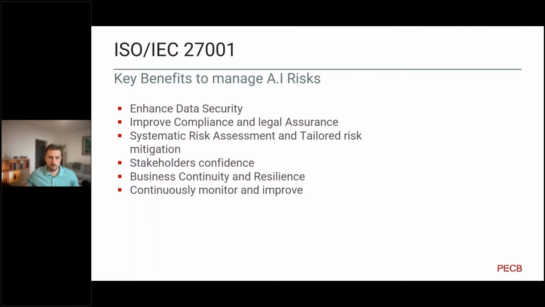The last point is business continuity and resilience. Your AI systems, we saw that there are, I would say, a lot of use cases that are very critical. We talked about examples in the healthcare industry that are using AI to make decisions, to make, I would say, diagnoses about disease.